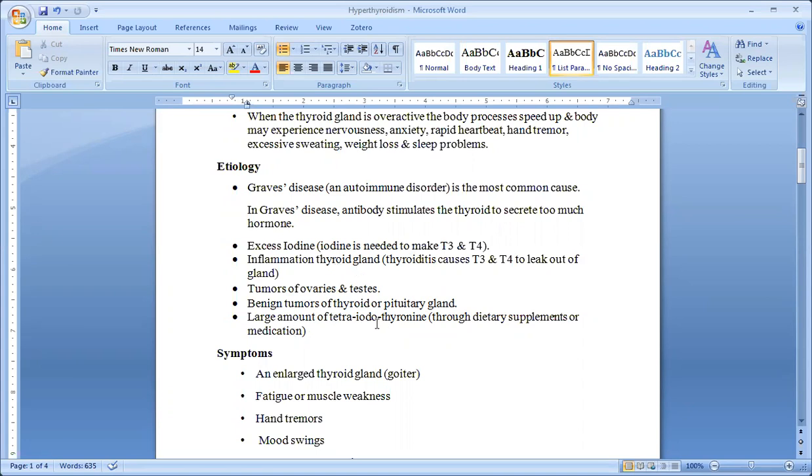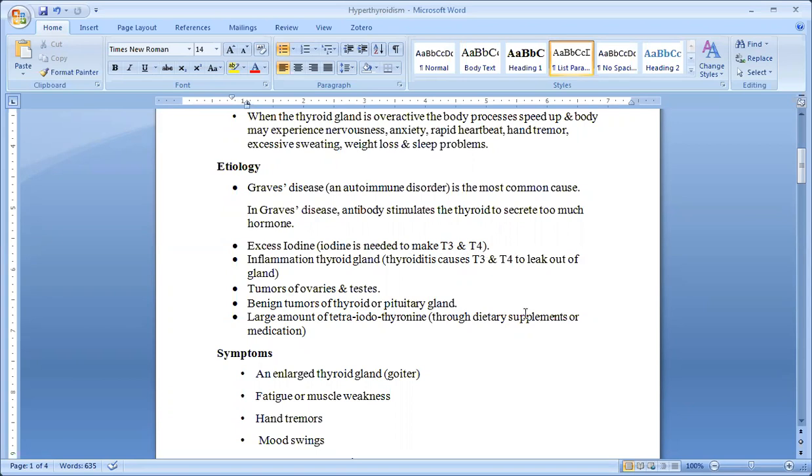Large amount of tetraiodothyronine through dietary supplements or medications. Some of the drugs or medications supply tetraiodothyronine, that is T4, and triiodothyronine, T3. These are the hormones.